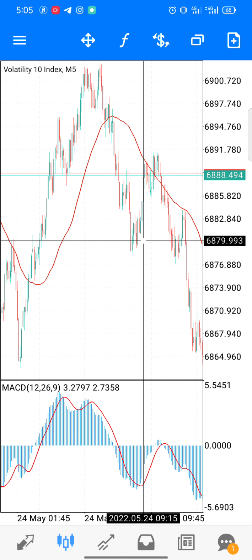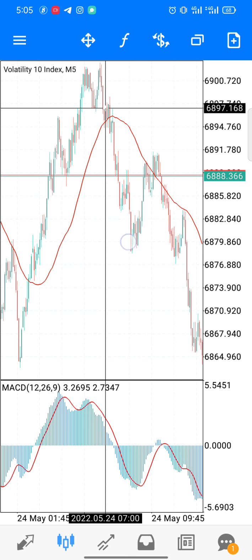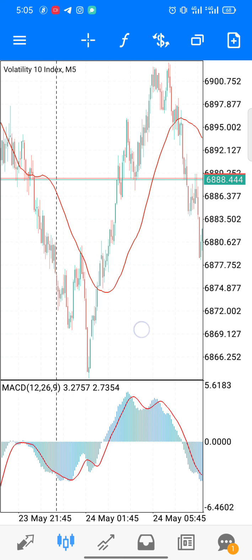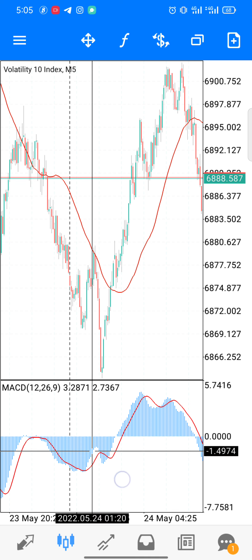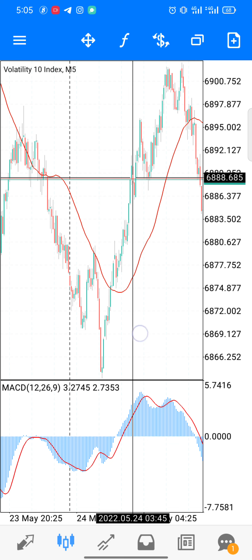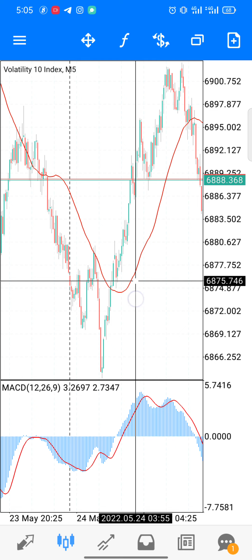You go for a sell, put your stop loss above the moving average. If the moving average crosses below the chart, and the MACD is above the zero level, you go for a buy. As you go long, keep your stop loss below the moving average.